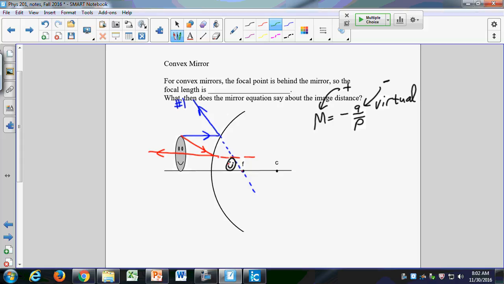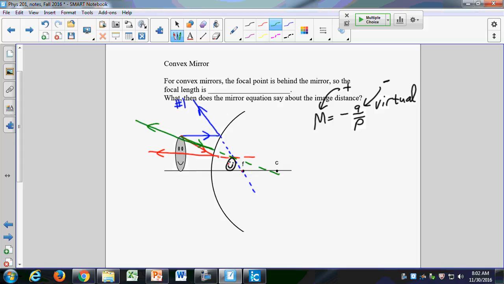I trace a ray. Oh, this is even trickier. Might want to use a straight edge of some sort. I trace a ray such that if I traced it forward, it would go through the center of curvature, goes in that direction, and then it reflects straight back on itself too.